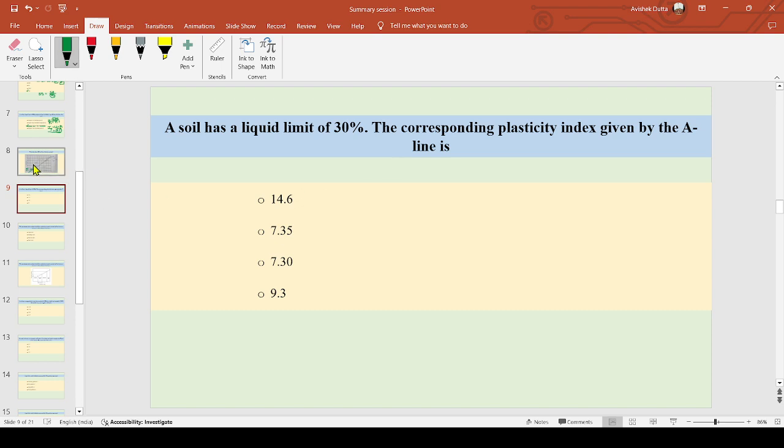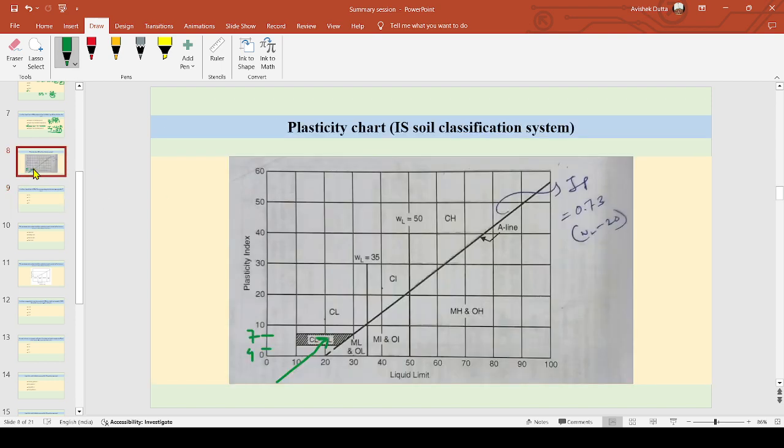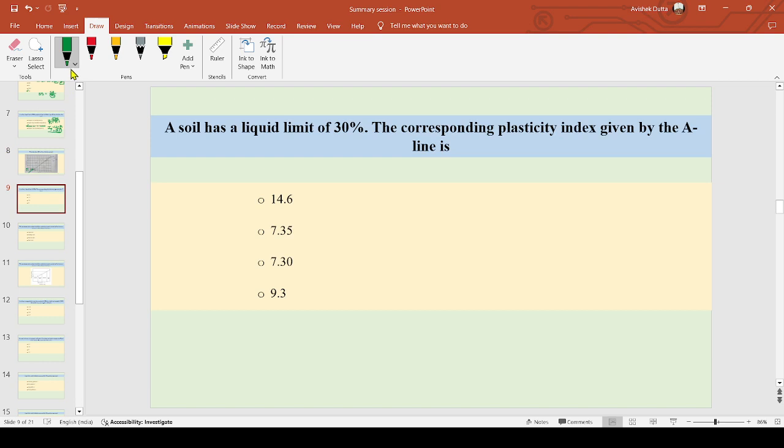So to find the corresponding plasticity index given by the A line, this is the equation of the A line, IP equal to 0.73 WL minus 20. So I will write the equation of the A line here.